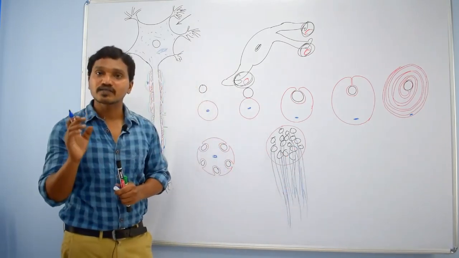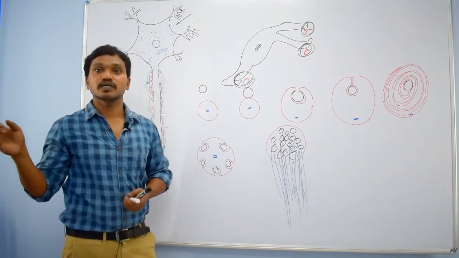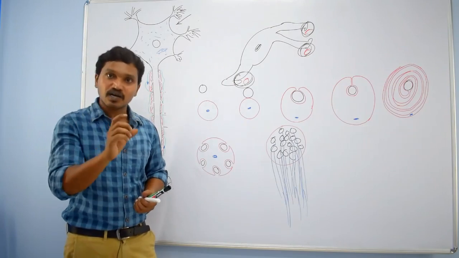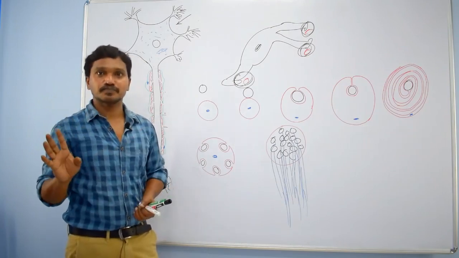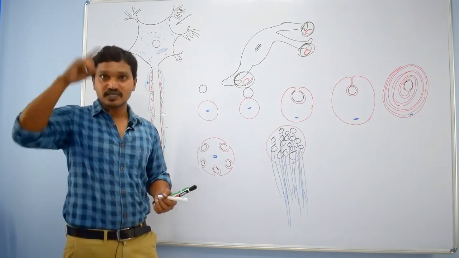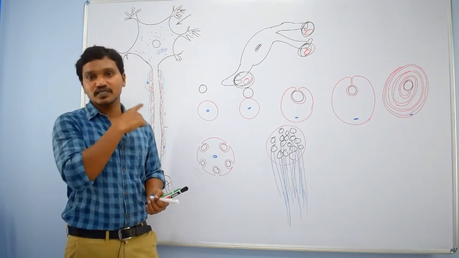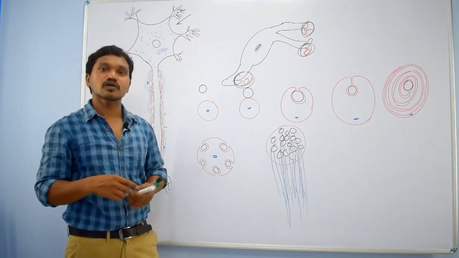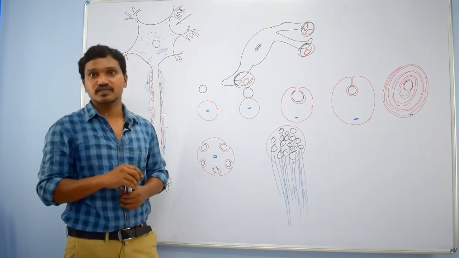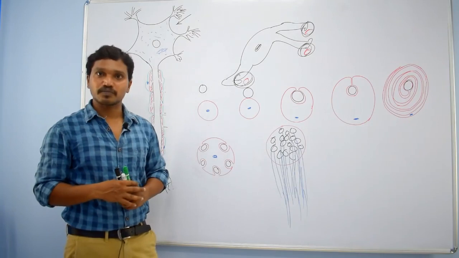A collection of axons in the peripheral nervous system is a nerve. A collection of axons in the central nervous system is a tract. That's what we call ascending tract, descending tract. They are collections of nerve fibers only, but they are present in the central nervous system. That's what we call tracts. And sometimes we also call them lemniscus. Those are also collections of nerve fibers only.